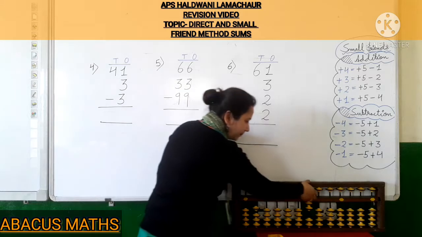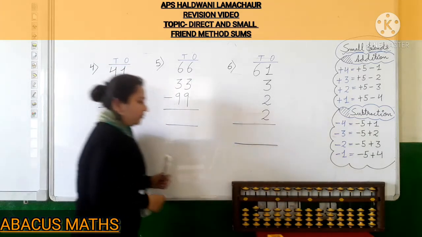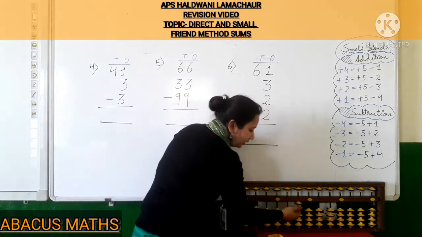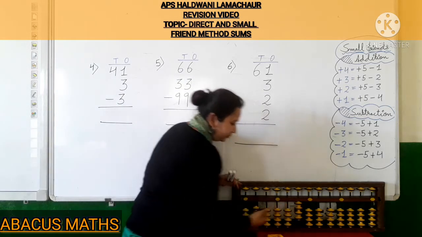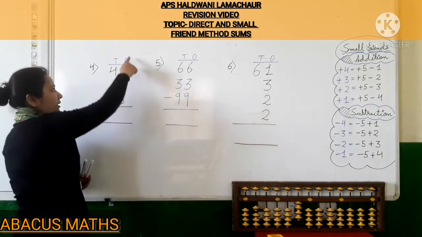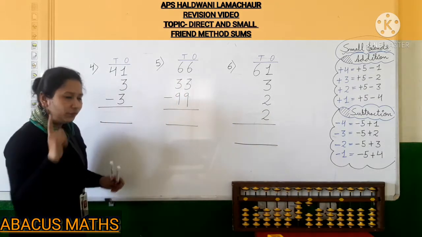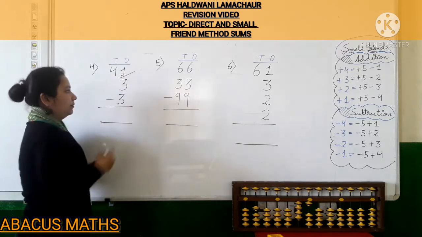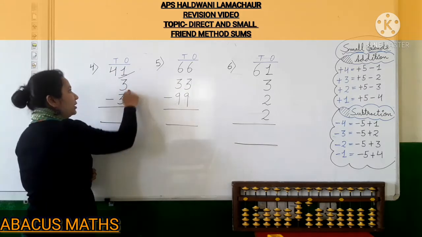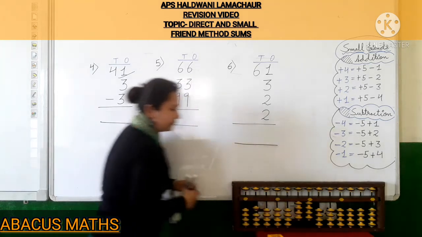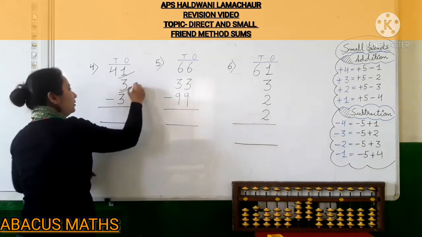First put this 4 in the tens rod: 1, 2, 3, 4. And this 1 in the ones rod. It's 41. Next, put this 3 in the ones rod: 1, 2, 3. This is also done.